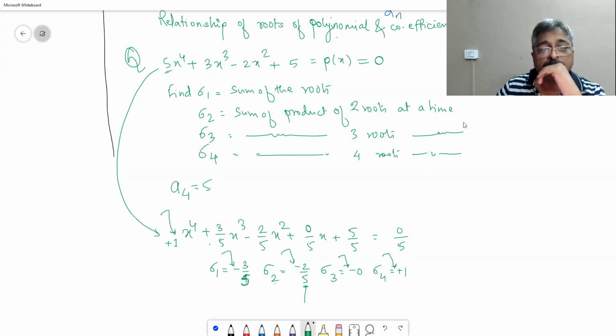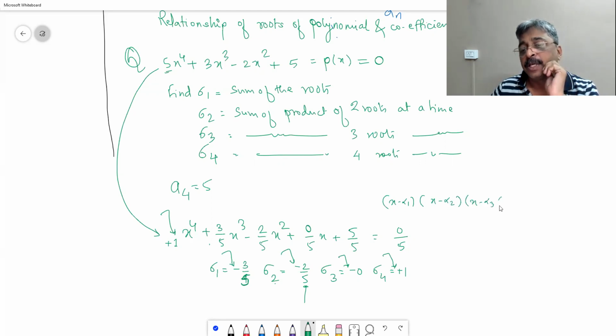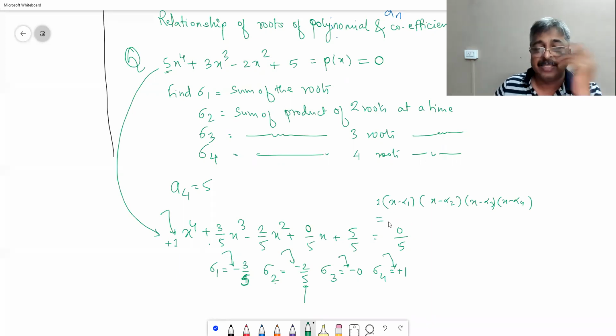Question: I didn't get how you got sigma 1, sigma 2, sigma 3, and sigma 4. Yes, this polynomial that I have written is actually x minus alpha 1 into x minus alpha 2 into x minus alpha 3 into x minus alpha 4. Once I divide by 5, the leading coefficient is 1. Now if I expand this, the first term is x raised to 4. Then I get a minus sign, because I have to take 3 x's from 4 brackets and one constant from the other.